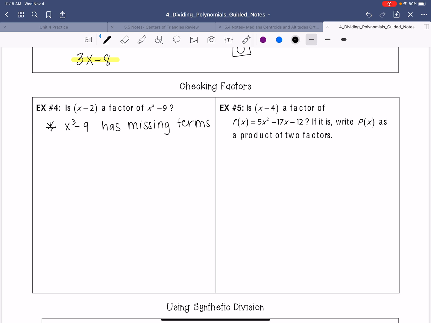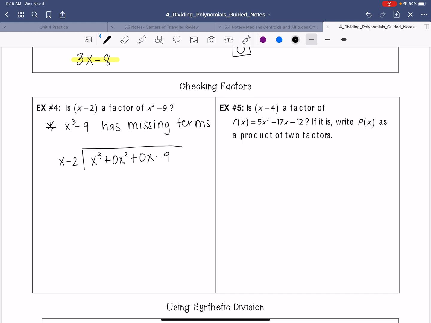Our placeholders obviously are 0. When we write this out, we're going to have x cubed plus 0x squared plus 0x minus 9. So I put those placeholders in there for every term. And we want to divide this by x minus 2.